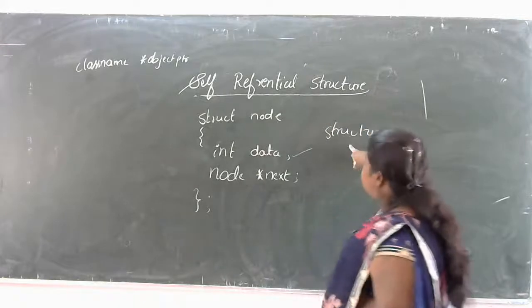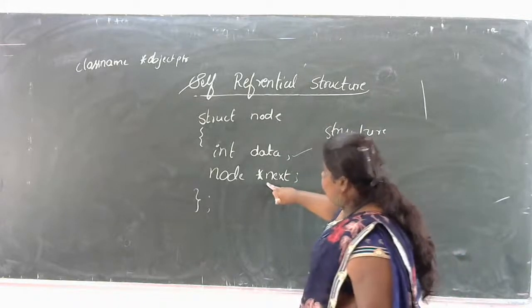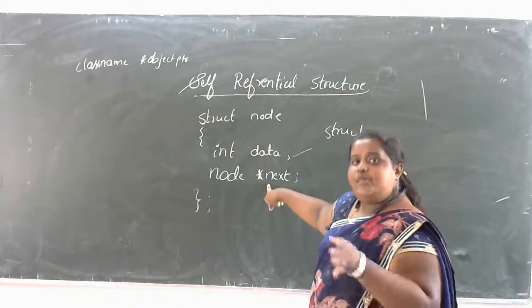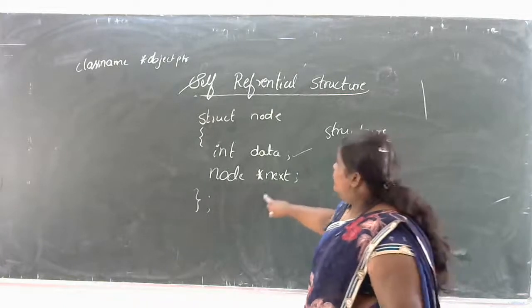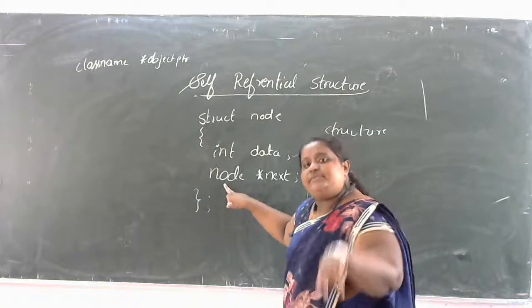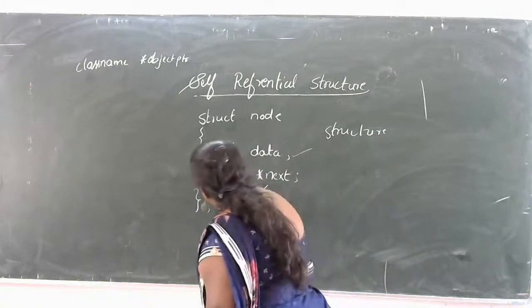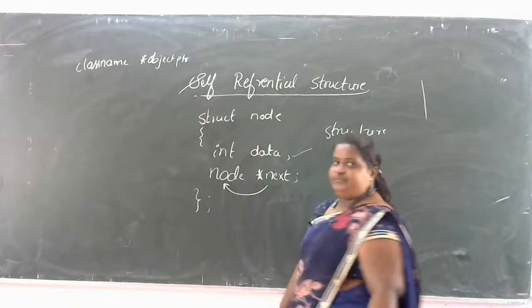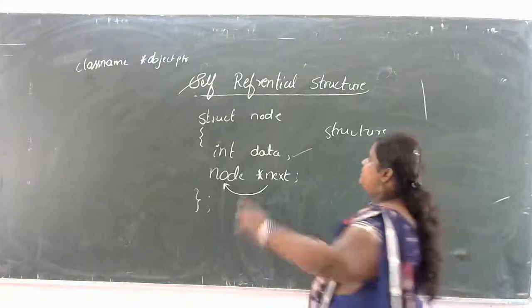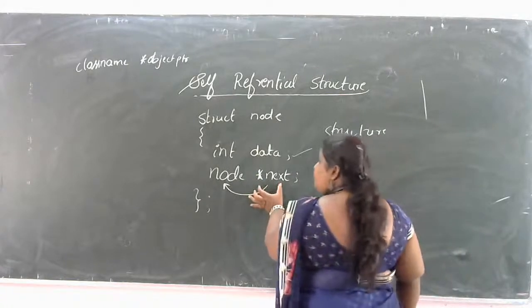A self-referential structure is a structure that has a pointer to a structure of the same type. Here, node is a structure, and star next is a pointer.